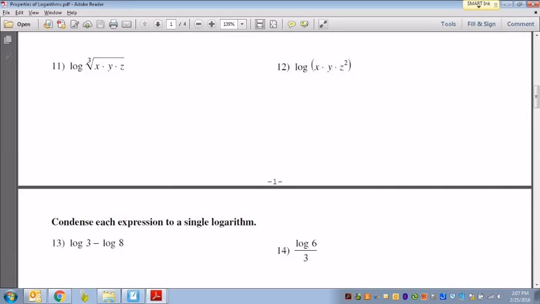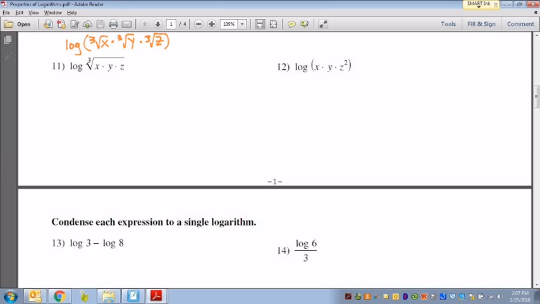All right, so numbers 11 and 12, they're logarithms that we have to expand, but it kind of branches into a topic which is a part of your algebra journey, but I guess we'll see. So one of the properties of radicals is to separate this into three separate radicals. I could write log of the cube root of x times the cube root of y times the cube root of z.